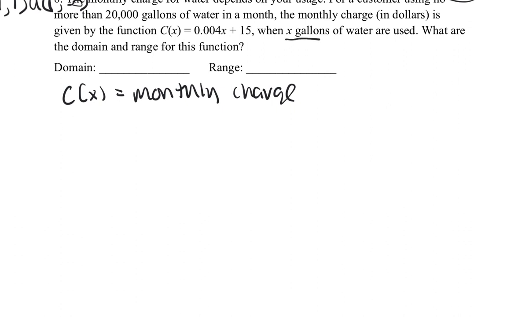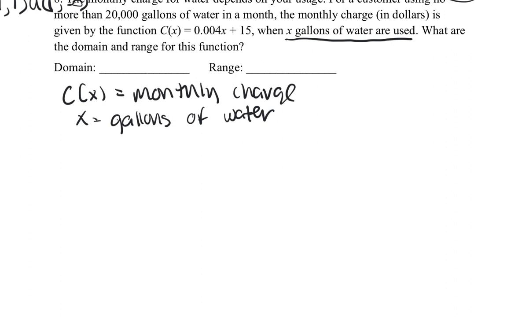X is gallons of water used. So we'll just say that's gallons of water. Okay, and so if we pick out some of the important pieces of this word problem here, it says for a customer using no more than 20,000 gallons of water in a month.